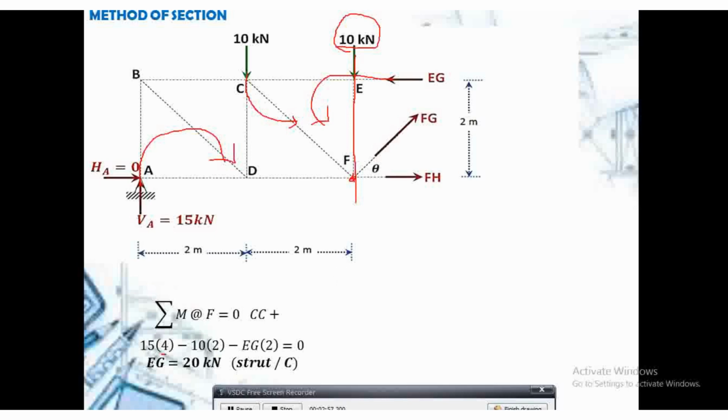Okay? So, substituting these values, the EG now is equal to 20 kilonewtons. Bakit strut? As you can see here, the direction of EG is towards joint E. Kapag yung arrow towards the joint, that is under compression.